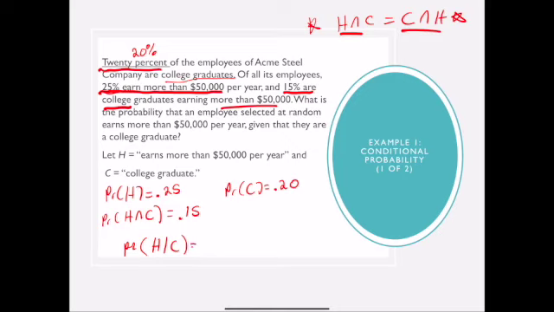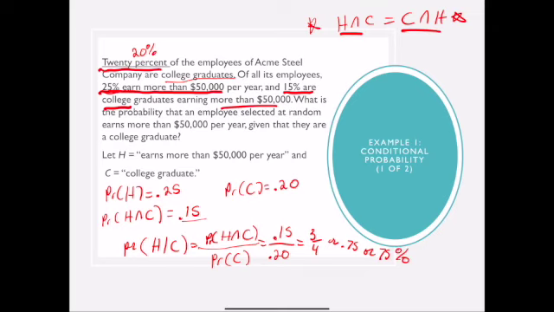So that's the probability of H intersect C over the probability of C. The probability of our intersection is 0.15, over the probability of C, which is 0.20. That simplifies down to 3/4 or 0.75 or 75%.